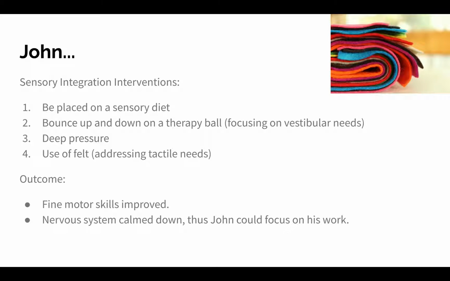Being placed on a sensory diet, bouncing up and down on a therapy ball, deep pressure, the use of felt to improve tactile needs. The outcome is fine motor skills were improved and the nervous system calmed down due to these methods. Thus, John could focus on his work better.